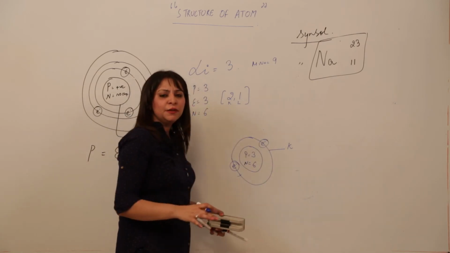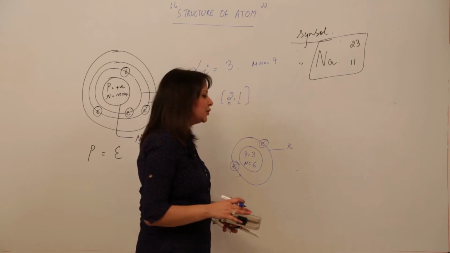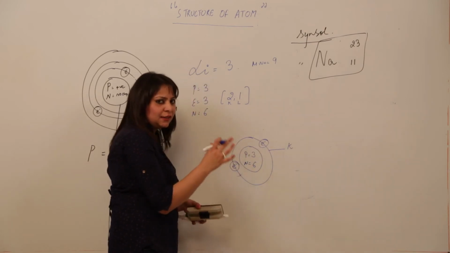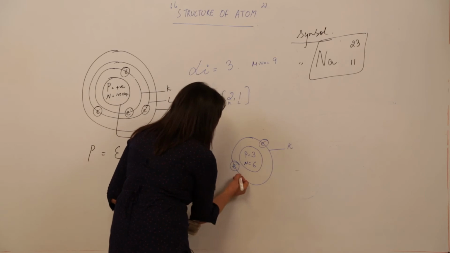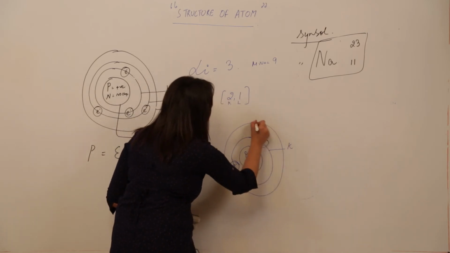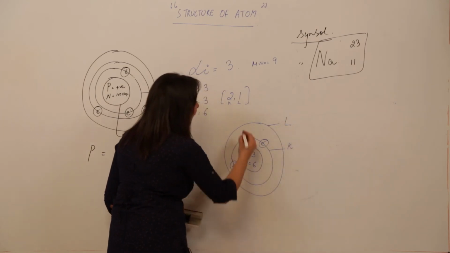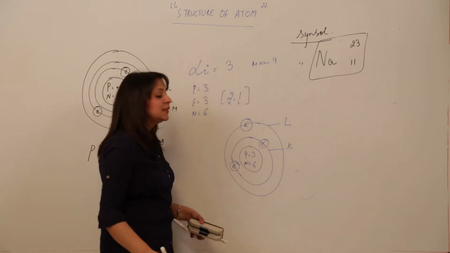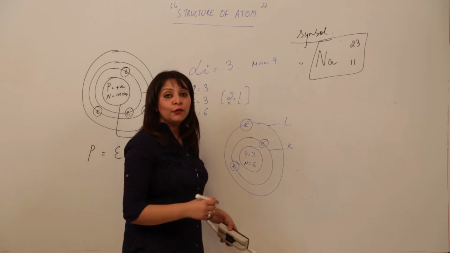There should be a certain distance between electrons, as we know similar charges repel each other. So just make a little distance between them. Now it has the second shell also, so make the other shell too. Name it as L. How many electrons does it contain? 1. So this is the atomic model for any element.